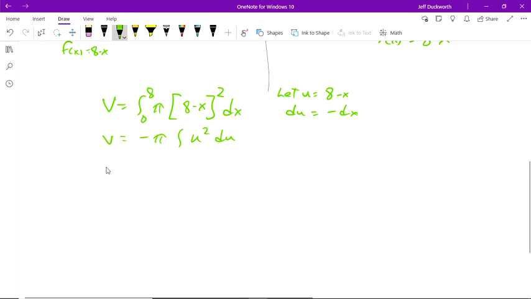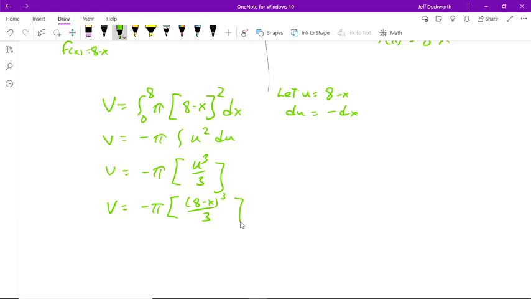All right, so when we integrate that, it'll be u cubed over 3. And then replacing the u and putting the actual values in, so that will be 8 minus x cubed over 3, evaluated from 0 to 8.